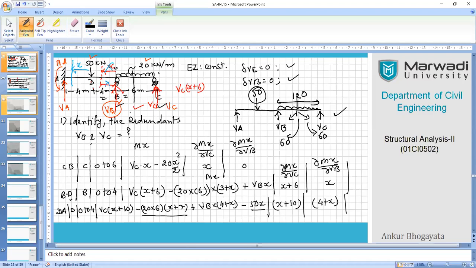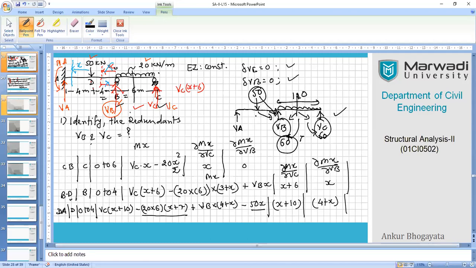Even if I assume that this is a simply supported beam, at least half of this will come here. So naturally, the reaction of VB will be greater than VC, definitely, because there is only one load existing for VC, which is half of the load. But here you have a doubling of the load, so some load will be additionally added to this VB in addition to this 60. So it is quite logical to think about it.